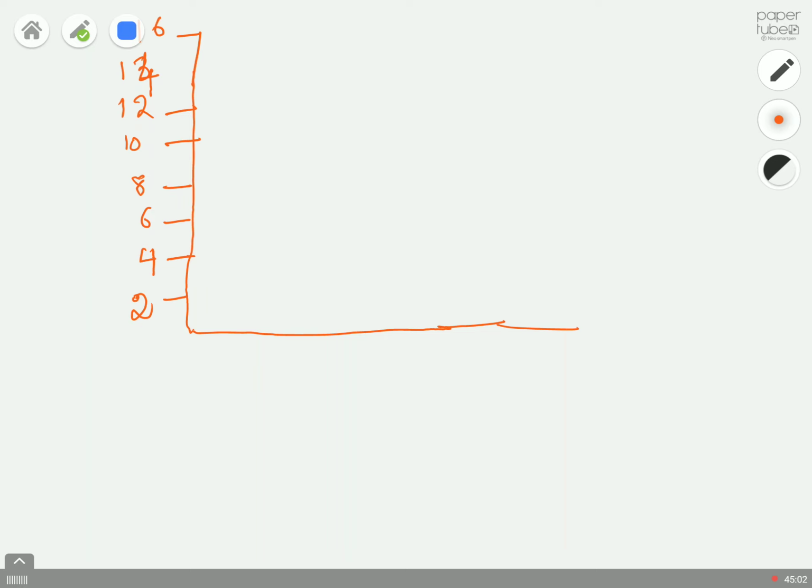And then say we can plot 0.5, 1, 1.5, and then 2. So what are these first values? Like 2 is 16.7. No, let me redo this.